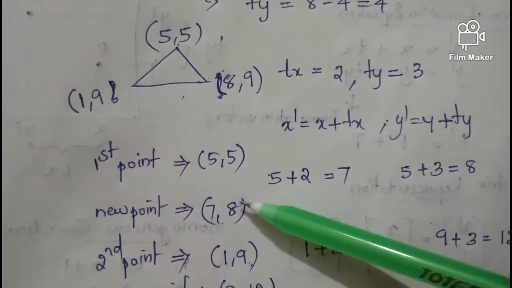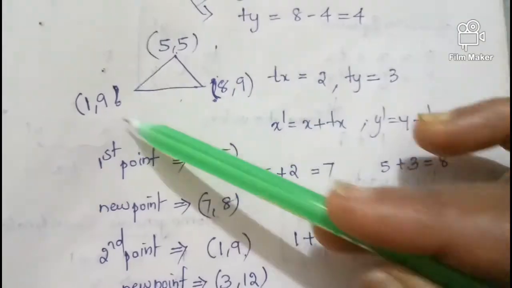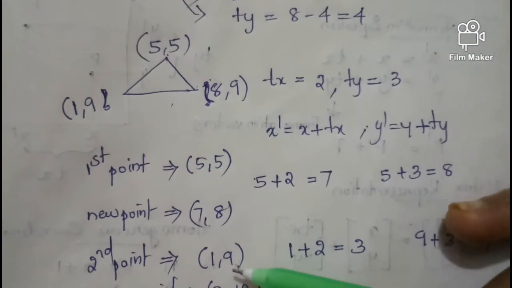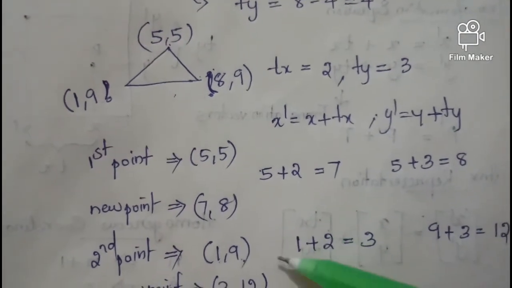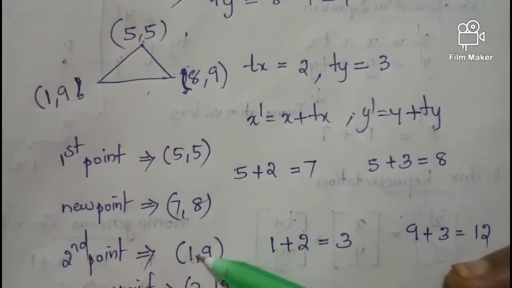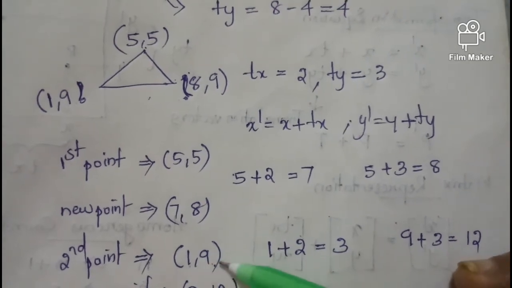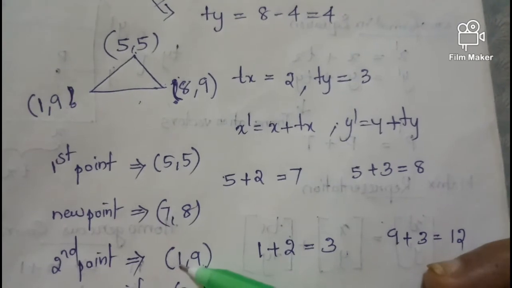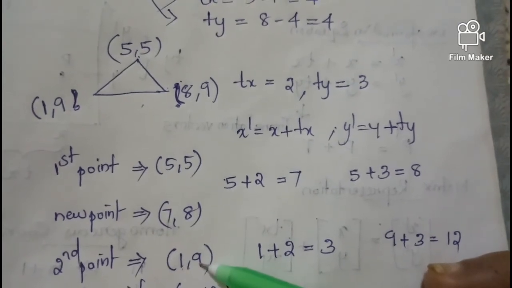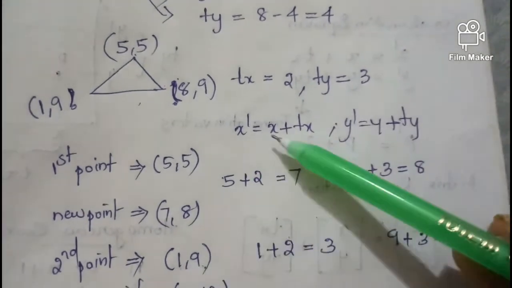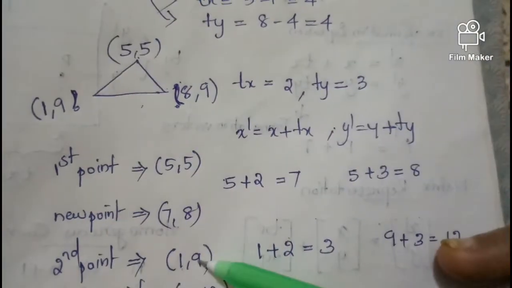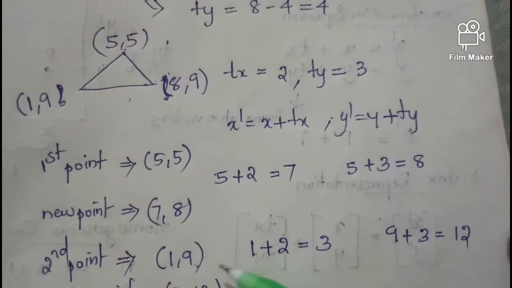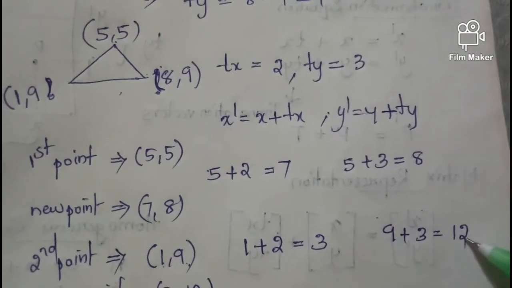Similarly, compute the new position of the second point. Second point is 1, 9. So from 1, 9, what is the new position where it will reach? So now value of x is 1, value of y is 9. x should be added to tx, y should be added to ty. So 1 plus 2 and 9 plus 3. 1 plus 2 will give you 3 and 9 plus 3 will give you 12.